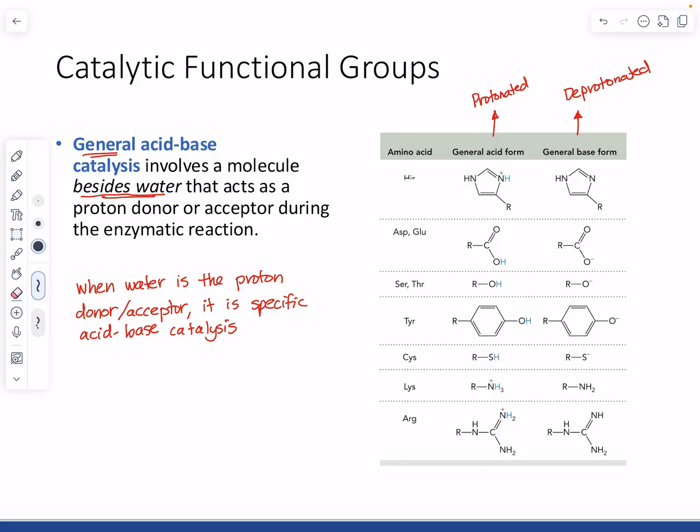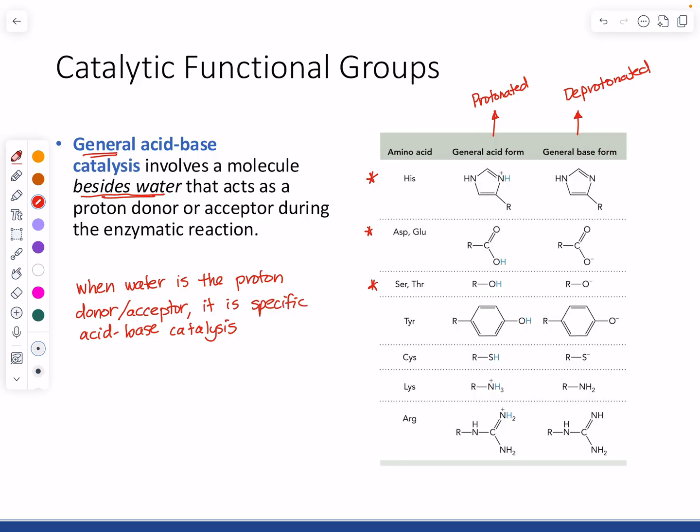Okay, so if you need a proton donated or one removed, these would be your players. You have histidine, aspartic acid, and glutamic acid, serine and threonine, tyrosine, cysteine, lysine, and arginine. Now, some of these are more likely than others, and that's based off of their pKa value. So the ones that are really very common are histidine, and serine often will play a role, and aspartic acid and glutamic acid.